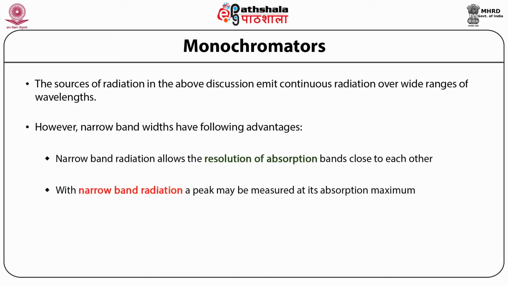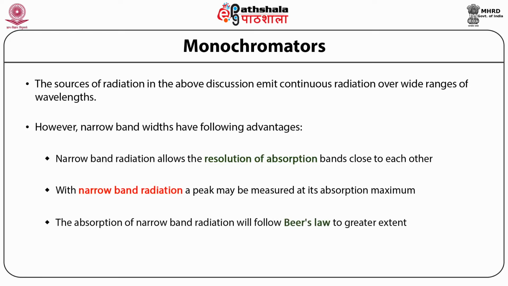With narrow band radiation, a peak may be measured at its absorption maximum, which increases the sensitivity. This absorption maximum is known as lambda max, and the absorption of narrowband radiation will follow Beer's law to a greater extent because only that radiation which can be absorbed is measured.